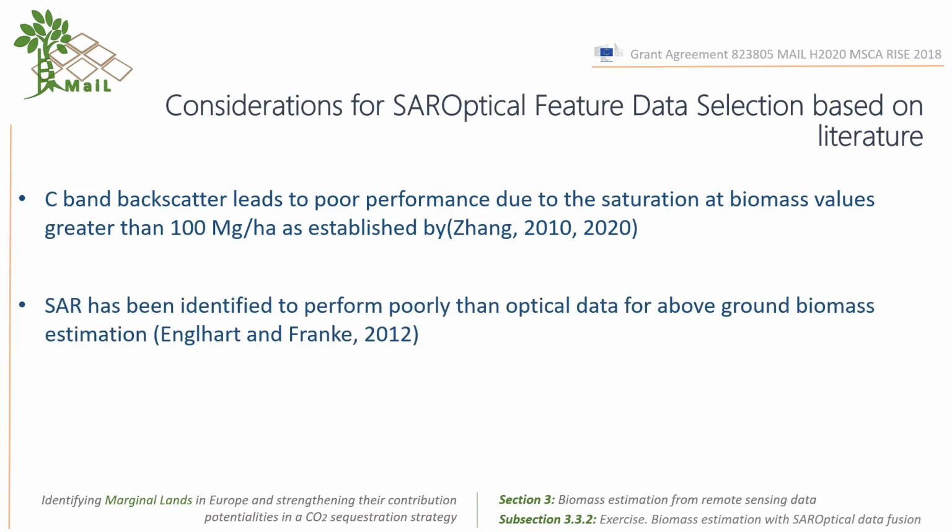Also, SAR has been identified to perform worse than optical data for above-ground biomass estimation where the forest is of high density. While SAR texture gives encouraging results, measuring local variation in the backscatter and not the values of the backscatter, this was also indicated by Engelhardt and Frank.